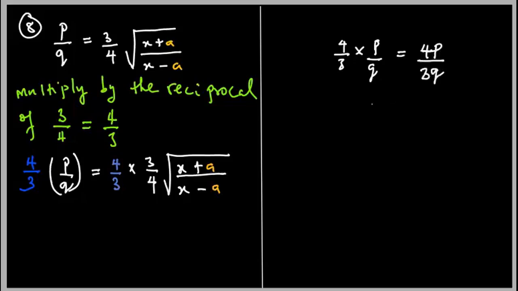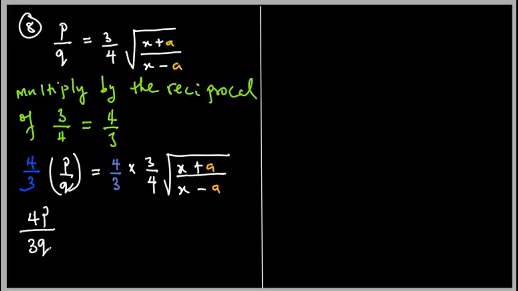So 4/3 times P/Q gives us 4P over 3Q, then equal to, of course, as we can see now, 3 will go in itself one time, 4 will go in itself one time.